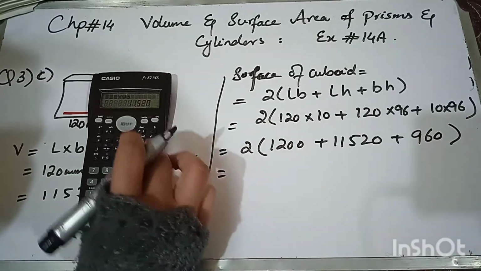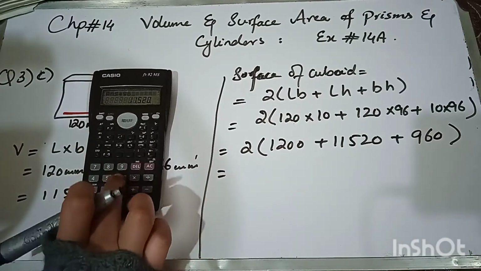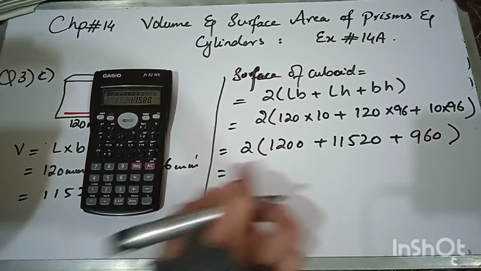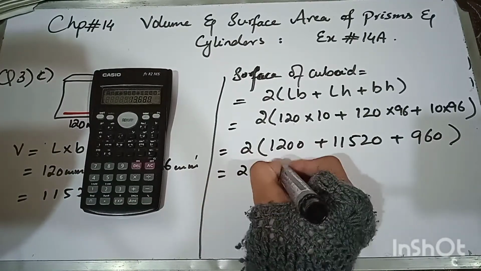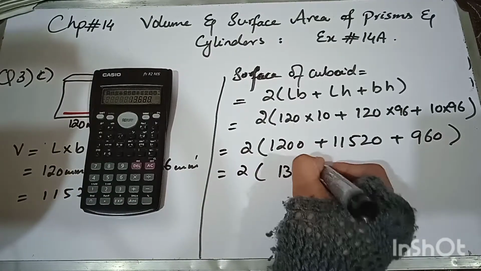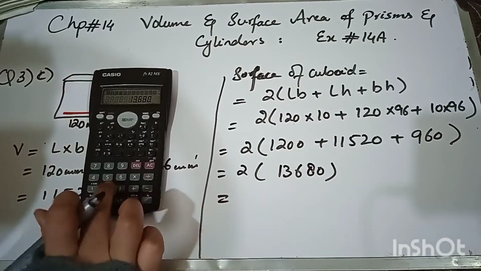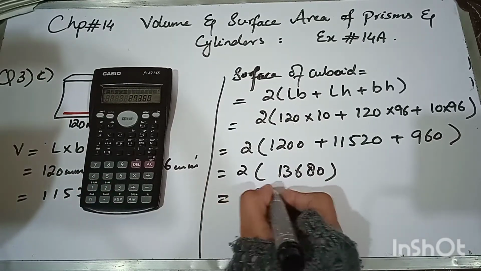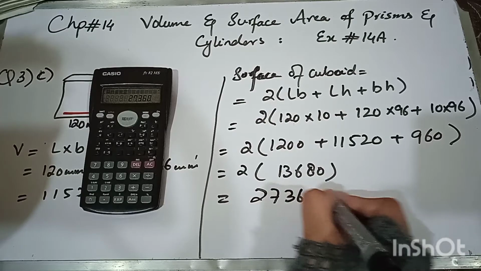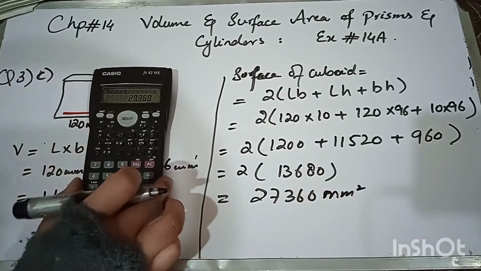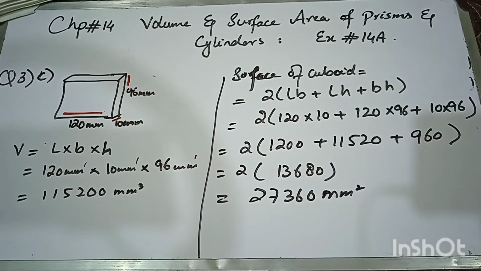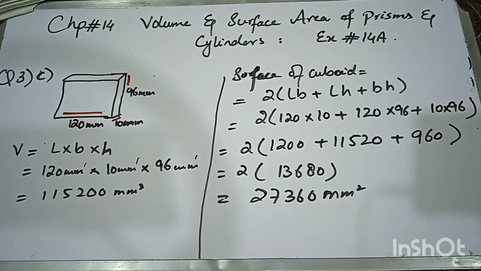Okay, then after that we have to add all the three values, and we have the term 13680. Okay, now we have to multiply by 2, so we get the total surface area of the cuboid shape. So this is 27,360 millimeters square.